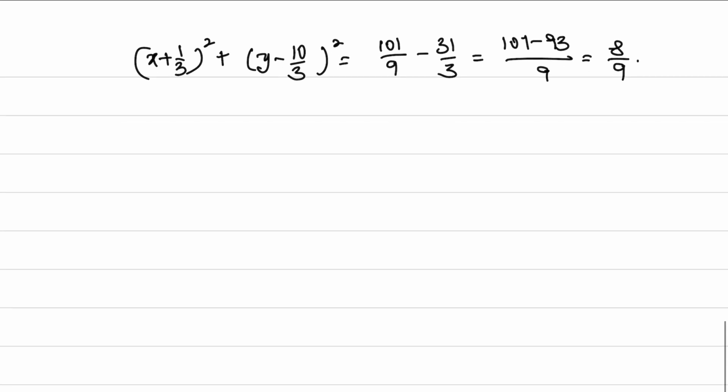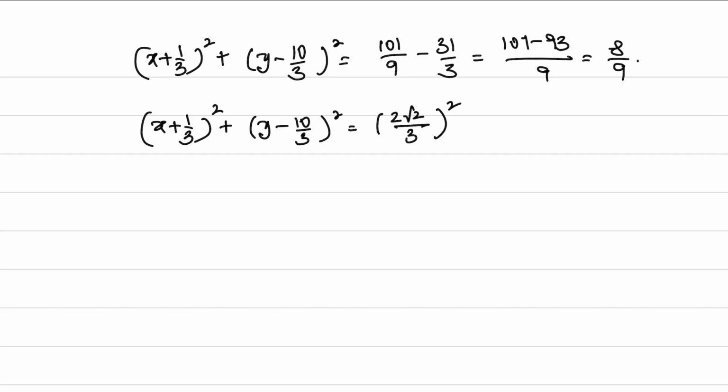That means (x + 1 by 3) whole square plus (y minus 10 by 3) whole square is equal to what? 8 is nothing but 2 root 2 whole square, divided by 3 whole square. 9 is 3 square. 8 is 2 root 2 whole square.